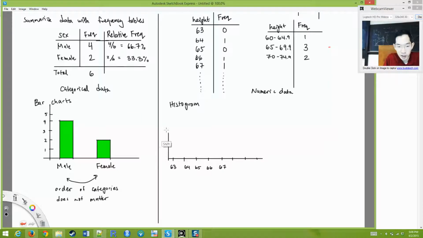And then on the left-hand side you have the count, the frequency. So here I would put 1 and 2. And so I would put a little bar at 64, and then at 67 we'd also have little units like that.